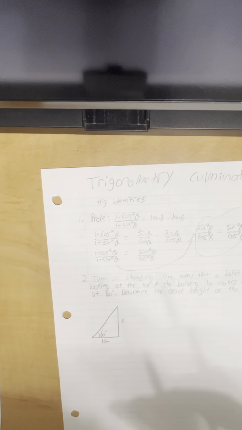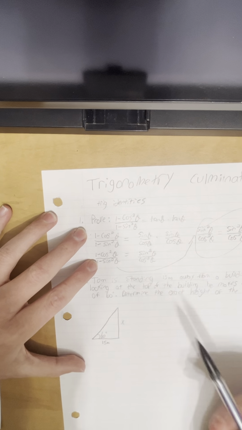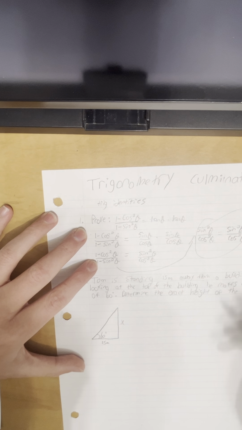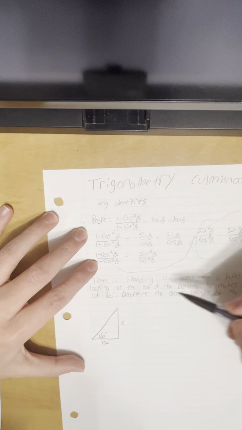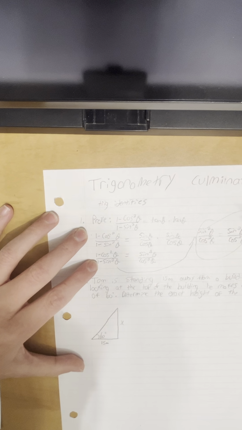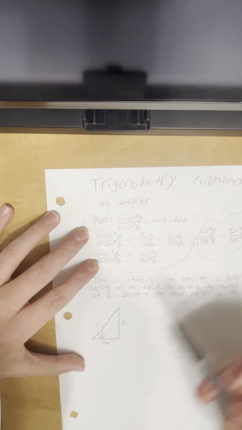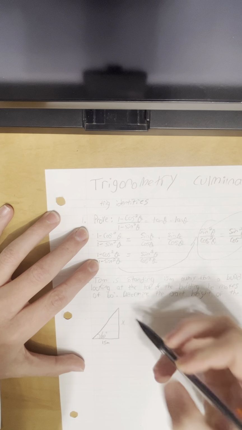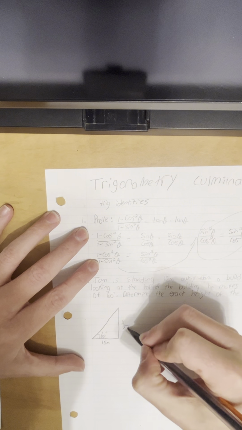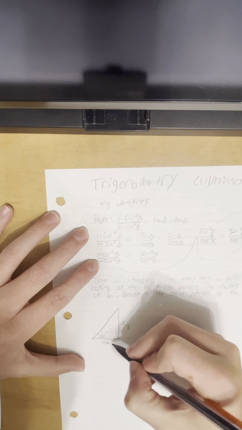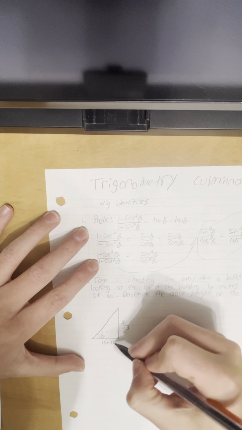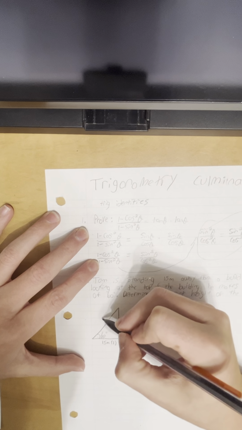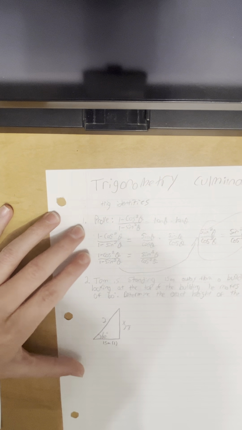So if we look back on our special triangles, we can use that to get the exact height of the building. So 60 degrees, if we're looking from this angle, this side will be root 3. This side will be 1, and the hypotenuse will be 2.